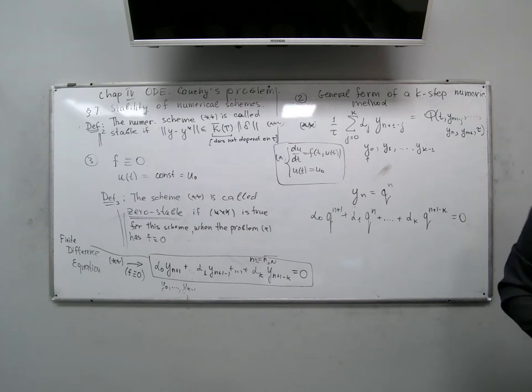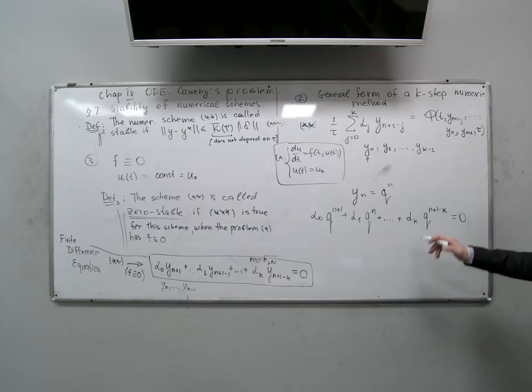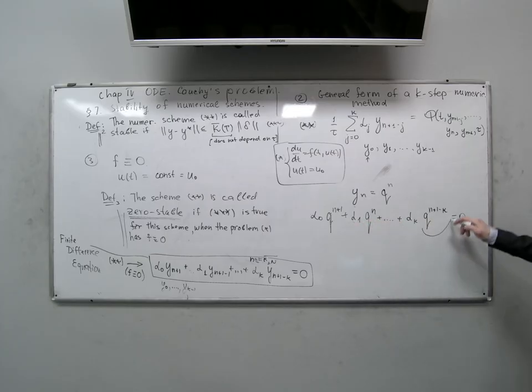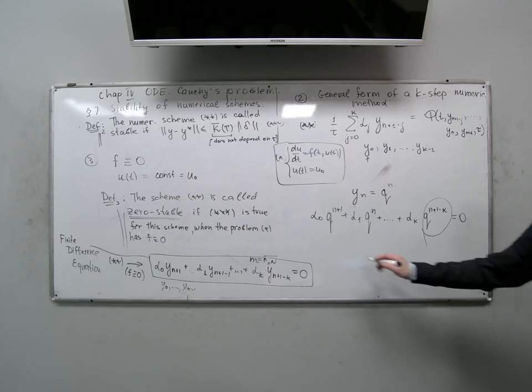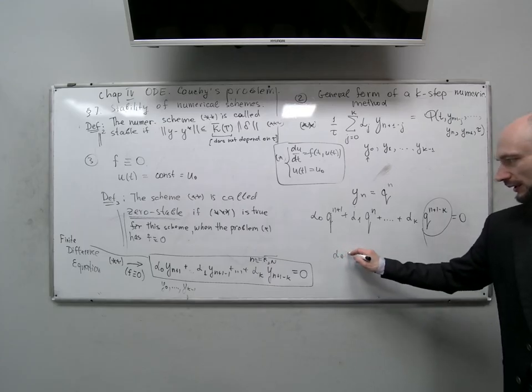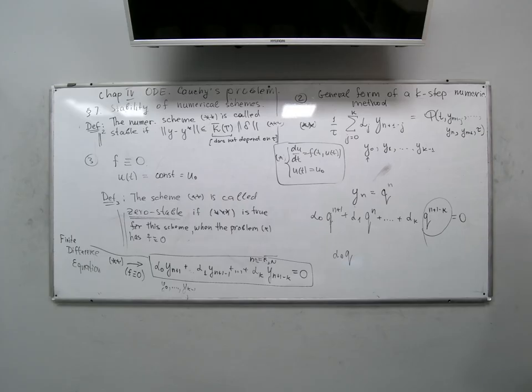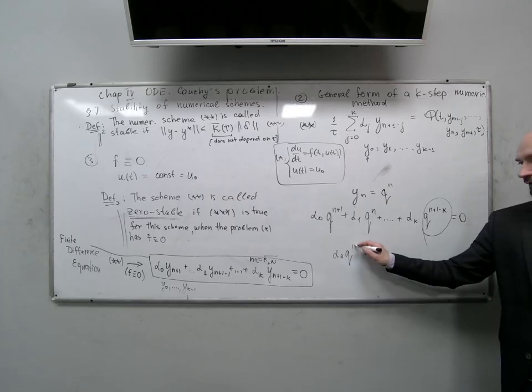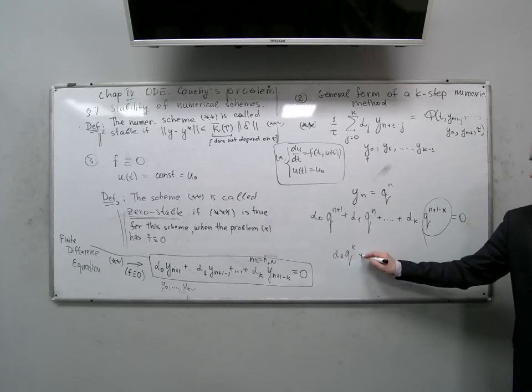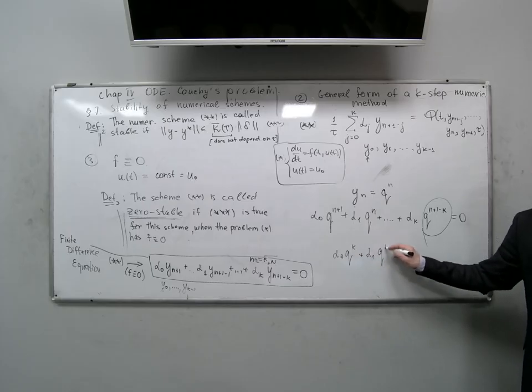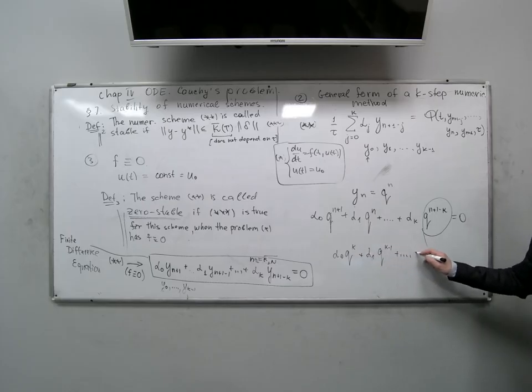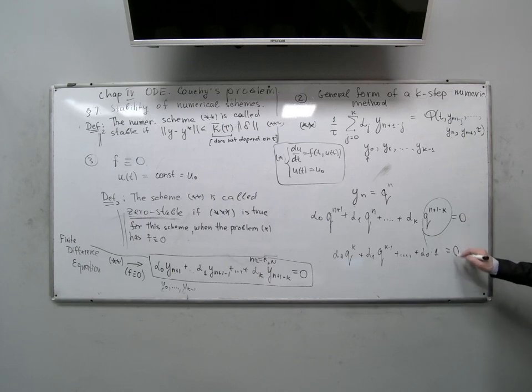And what's the next step that's done in the theory of ordinary differential equations? We can divide our equation by this term. Then what we are going to get if we do so? Correct? Alpha 0 q to the k plus alpha 1 q to the k minus 1 plus and so on plus alpha k equals 0.